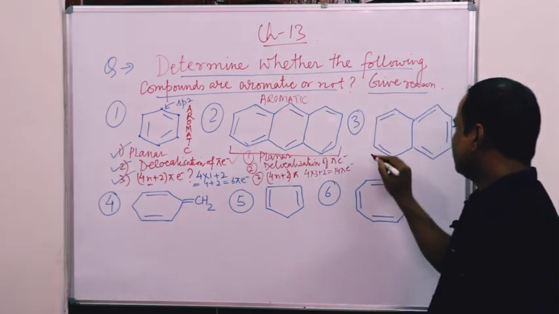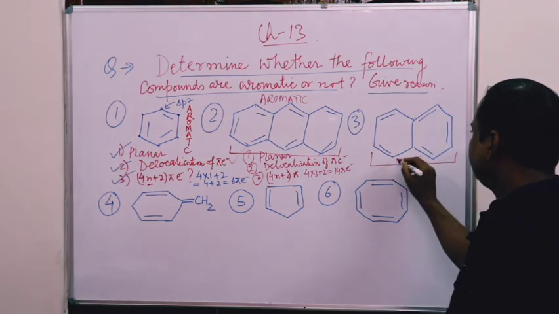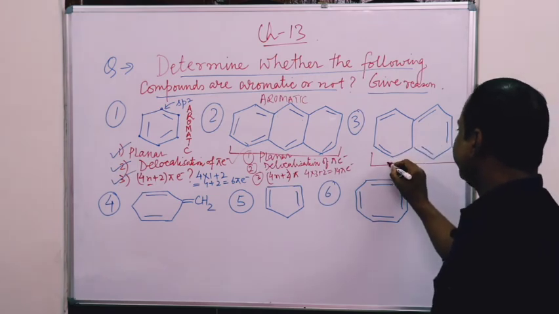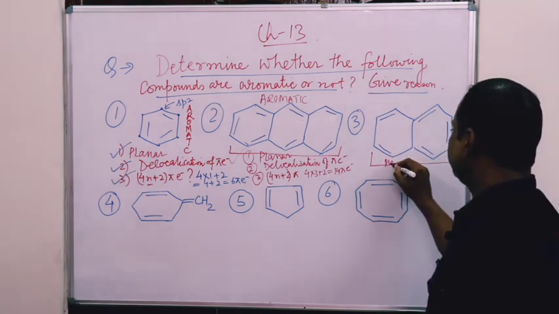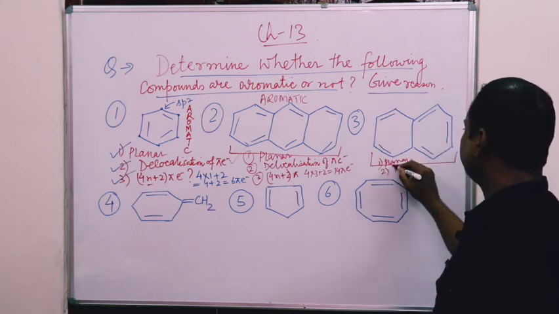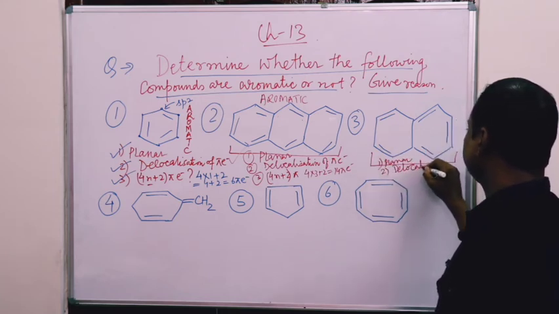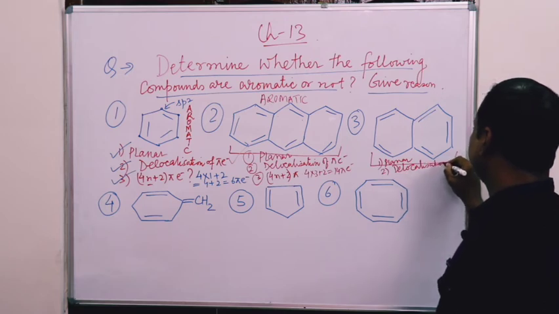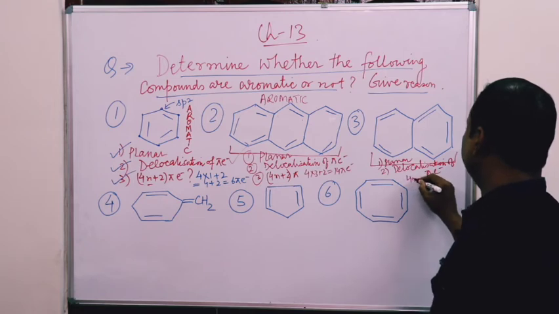Let's move on to the next one. This is naphthalene. First, all the carbons are sp2 hybridized, so it is planar. Second, pi electrons are there, so delocalization of pi electron. And third one, 4n plus 2 rule.